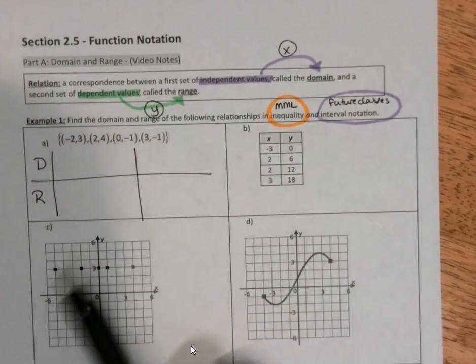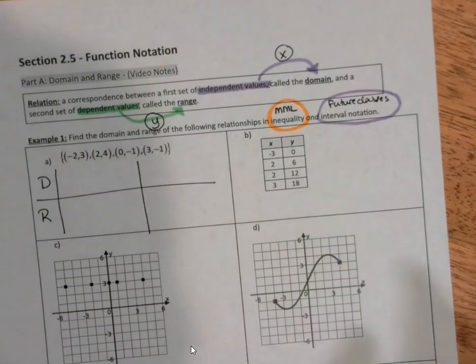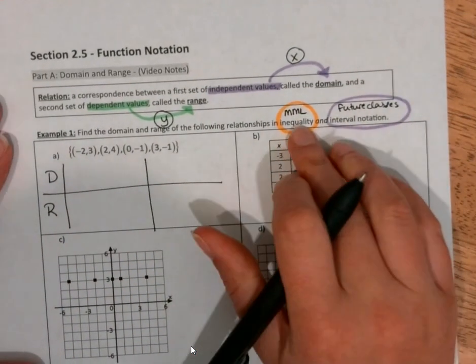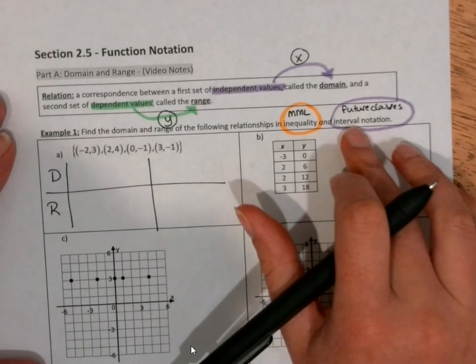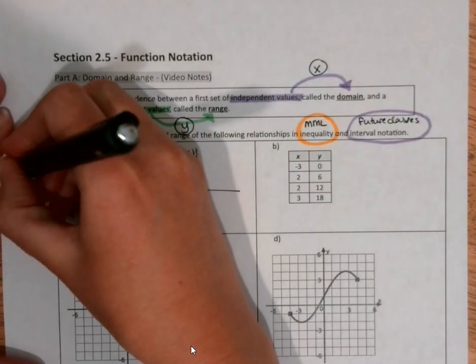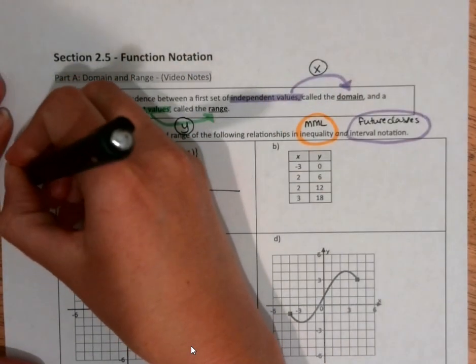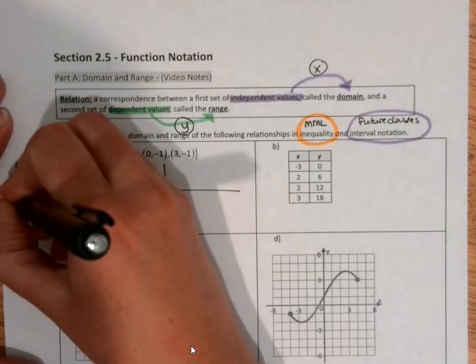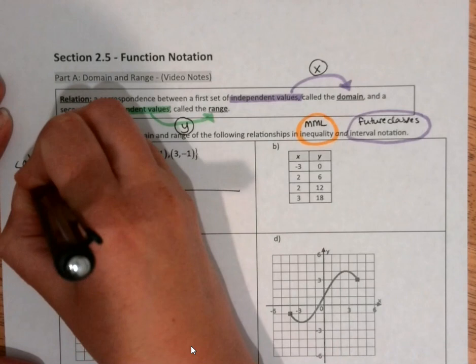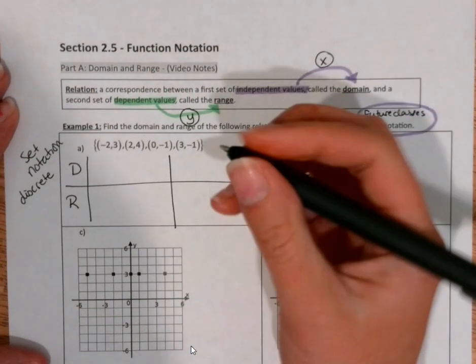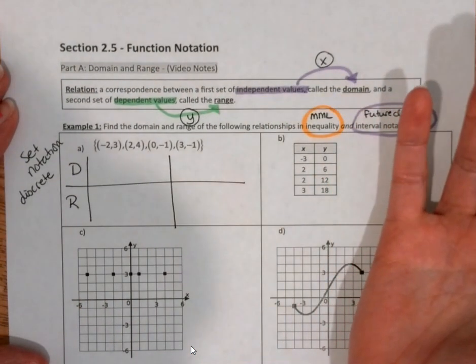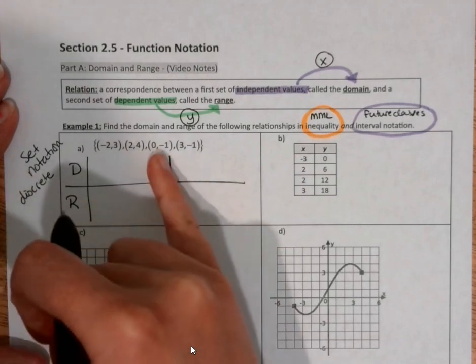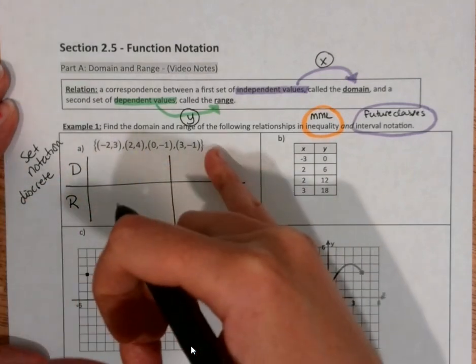All right, first of all, domain. This one is actually going to get a notation that's not called out as one of these. It's going to be set notation, and it's getting set notation because it is discrete. What discrete means is that your data is not connected. It's just a list of data values where you don't have a continuous set of data values.